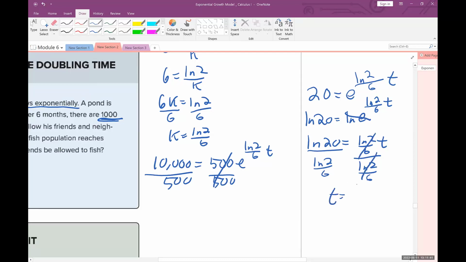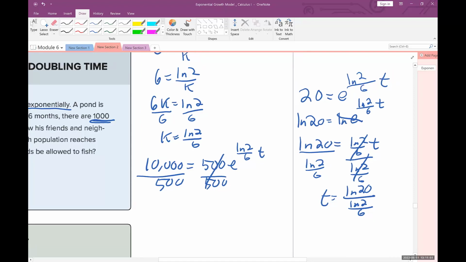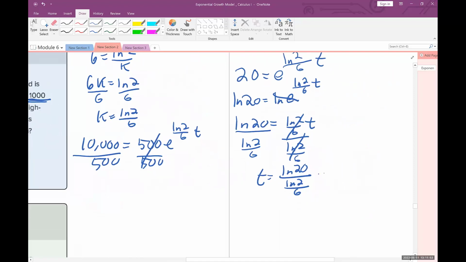So our t is natural log of 20 over the natural log of 2 over 6. Algebraically, we could write it like this: 6 times the natural log of 20 over the natural log of 2 means the same thing.